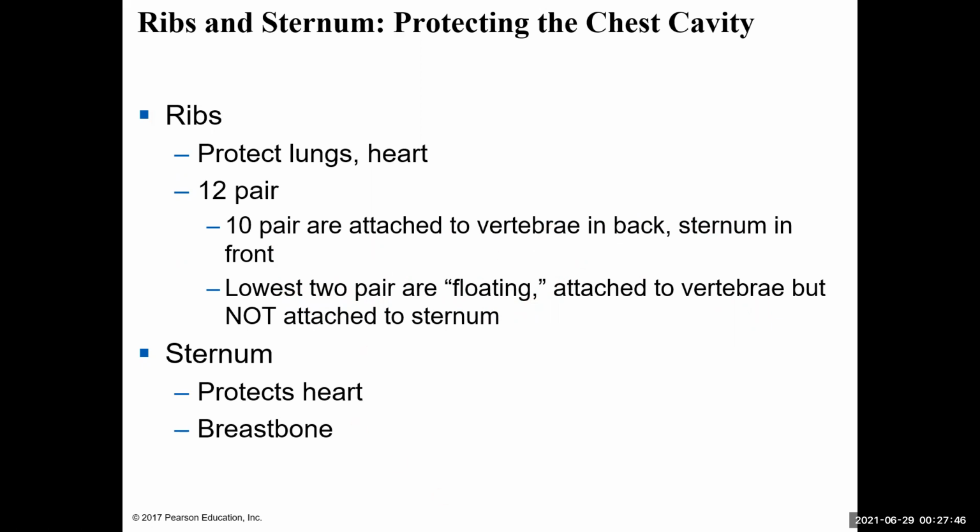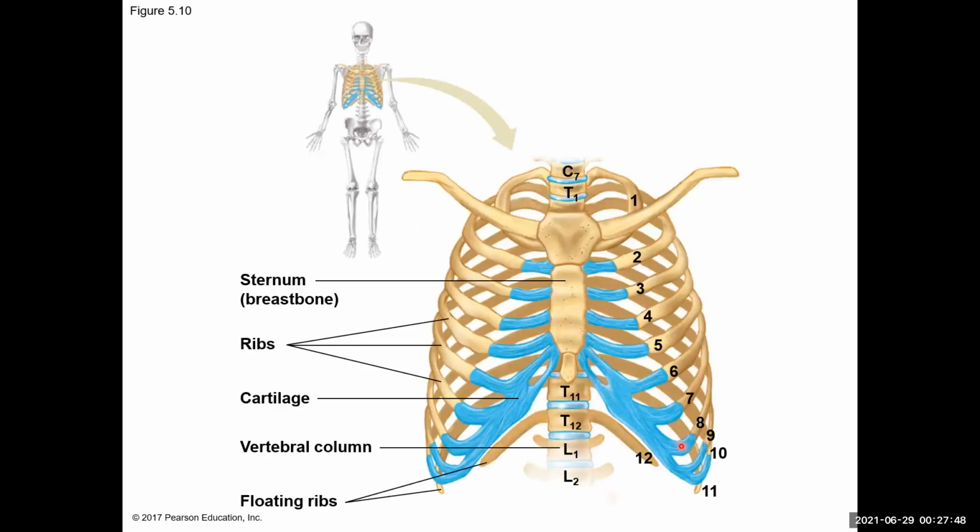Okay? And so this image shows the articulation with those 12 pairs of ribs. So you have rib 1, off thoracic 1, all the way down to rib 12, which is off of thoracic 12. Now you can see 1 through 10 has an attachment with the sternum via these cartilaginous connections.